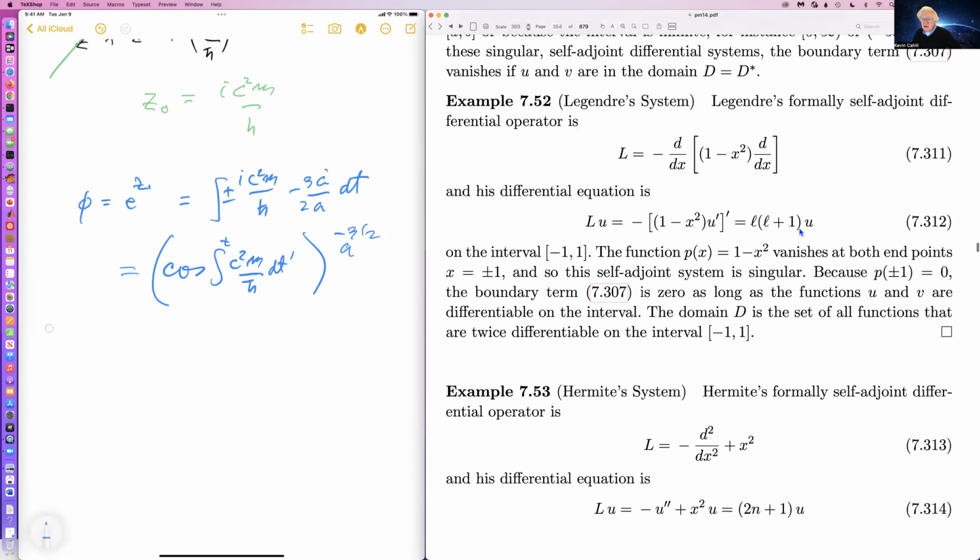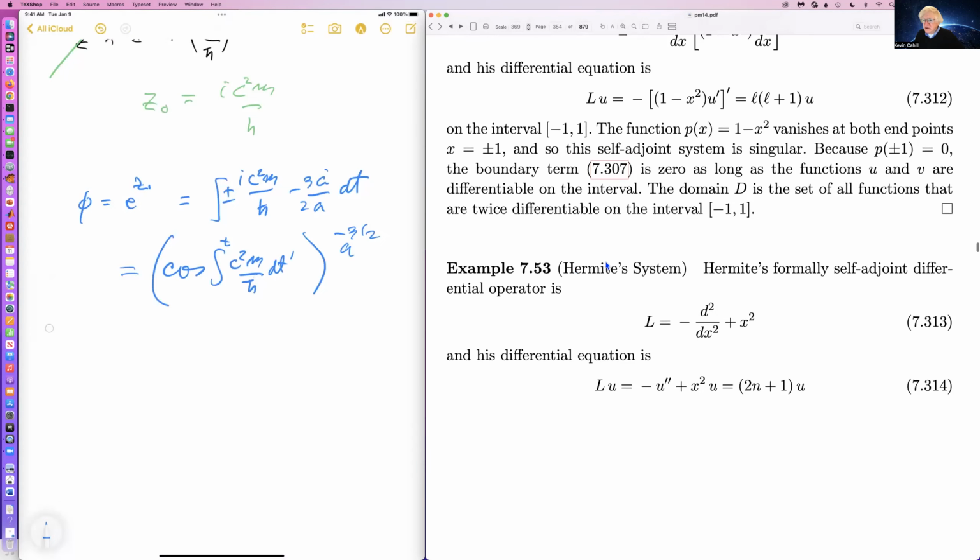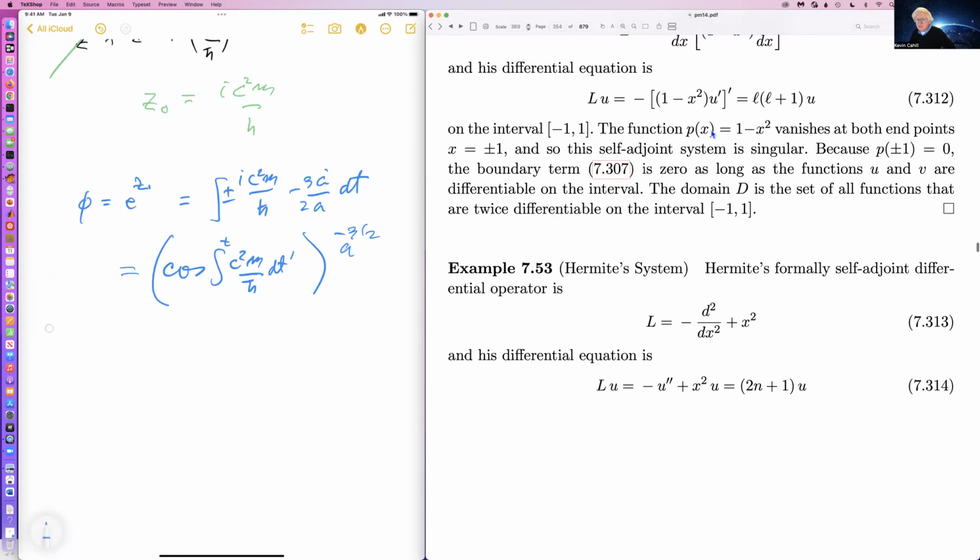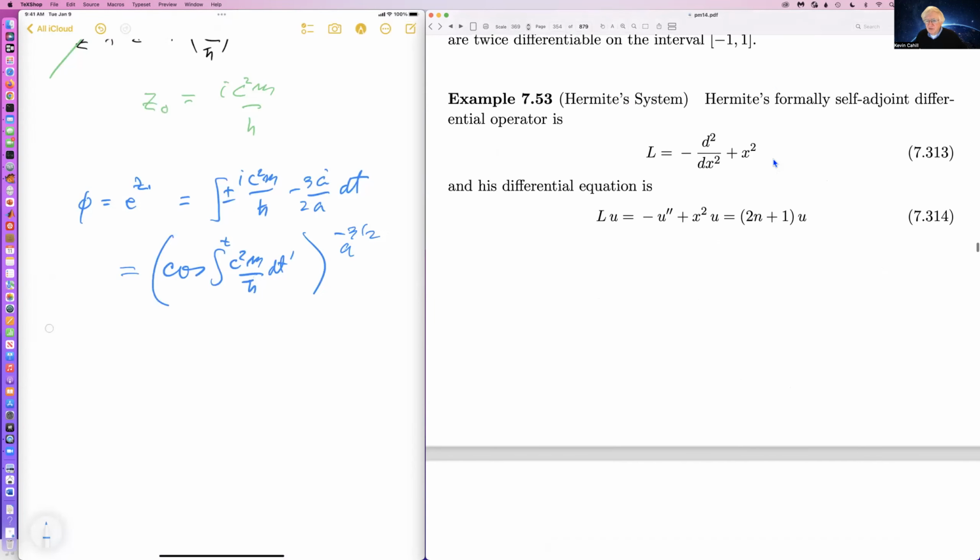Legendre's equation can also be written in self-adjoint form like this. The differential equation turns out to be singular because P vanishes at the endpoints, but it still works perfectly fine.